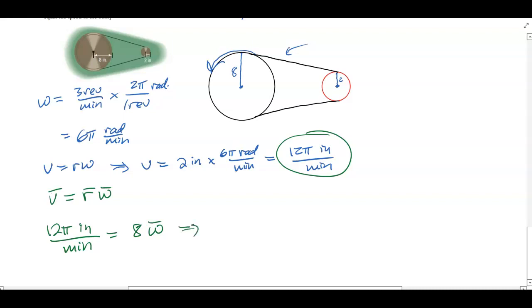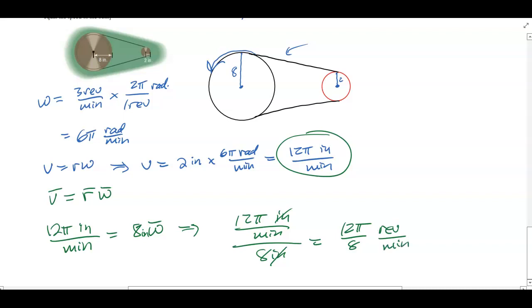So when you do 12 pi inches per minute divided by 8 inches, the inches would cancel. You get 12 pi over 8.